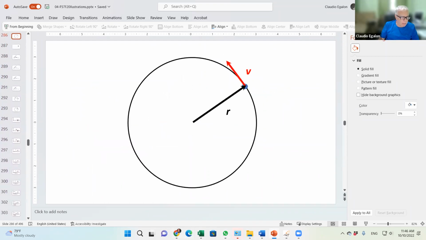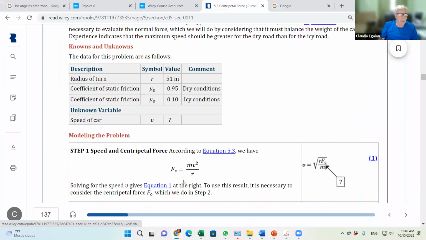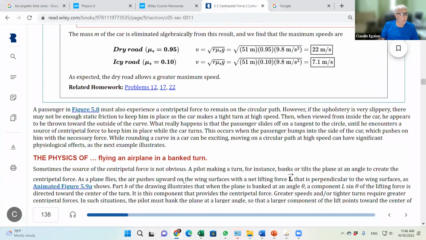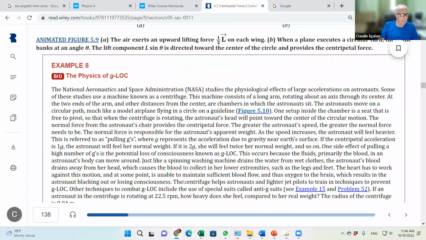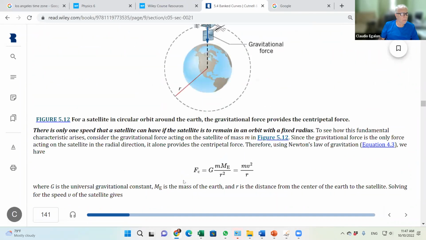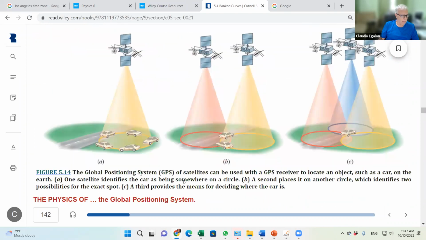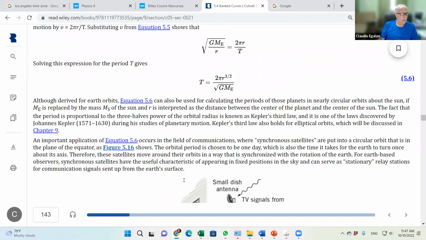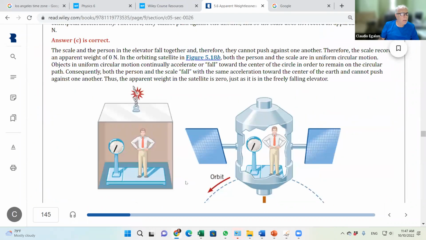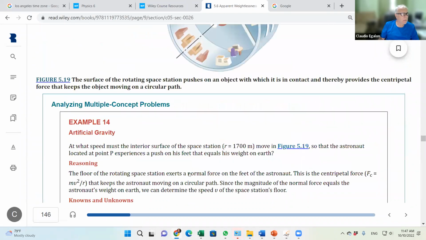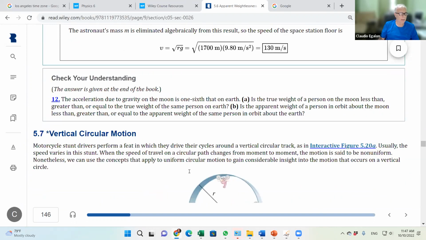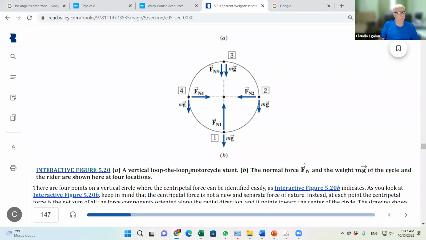Let me see if your book has that. No. Banked curves. I'll have to make it up, I have to create my own examples. Here you go, that's a nice problem as well. Physics of artificial gravity. That's what I want, a problem like that.